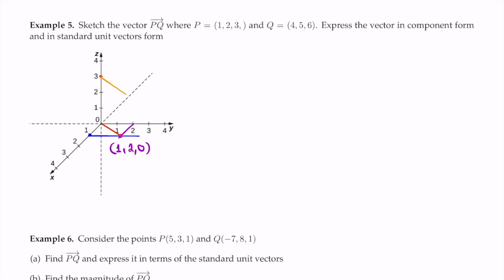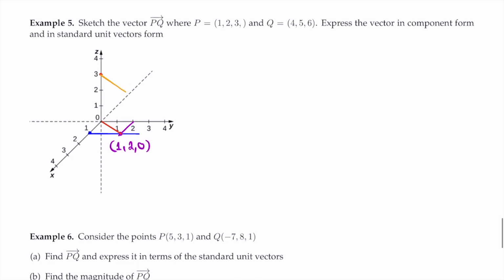And from the other end of the red line segment, 1, 2, 0, you draw a vertical line that is parallel to the z-axis. The green line and the orange line intersect at one point, and that point is the point we are looking for, 1, 2, 3.